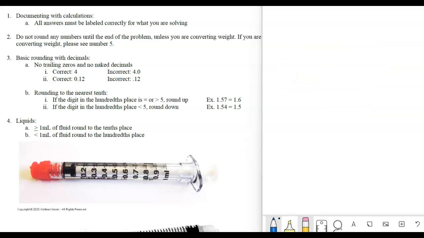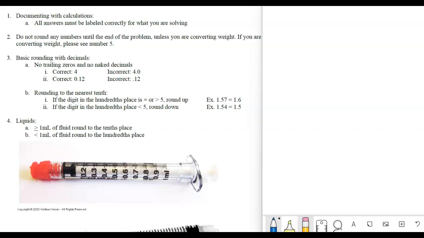For the most part, we would require you to round to the nearest tenth unless otherwise instructed by your other instructors. There's another rule regarding that later on, regarding your pediatric patients. But in general, we round to the nearest tenth. So what is the rule for that?